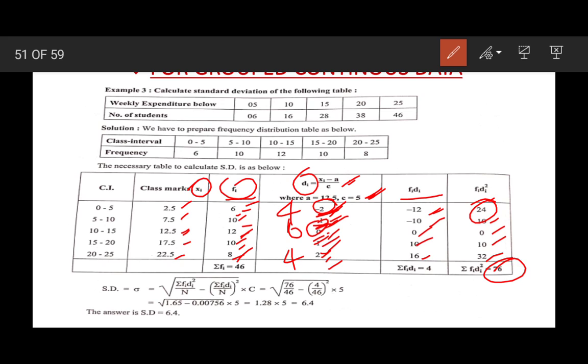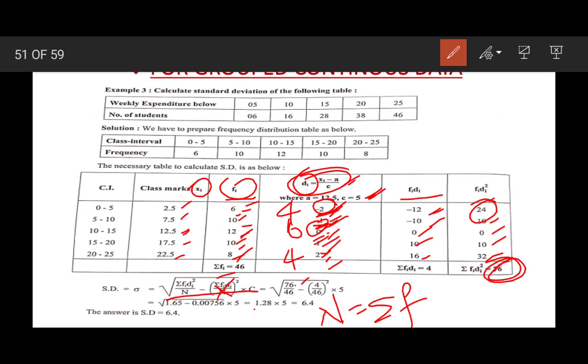Now the standard deviation formula for the step deviation method: standard deviation is under root of summation f into d square upon n, minus x bar. This is nothing but x bar square, into c. So that is equal to under root of, this value 76 upon n. n is summation of f.